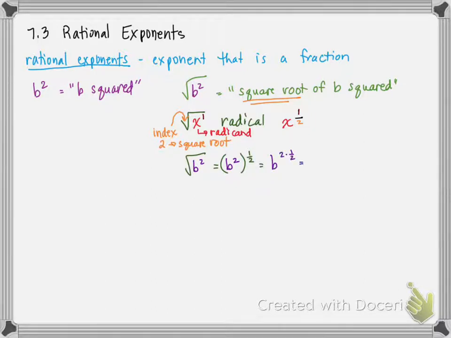That's going to give me b to the 1st power, or simply b. Okay? So that is the idea of a rational exponent, is to take a radical and write the exponent as a fraction. Okay? Because that allows me to do a lot of things with math.